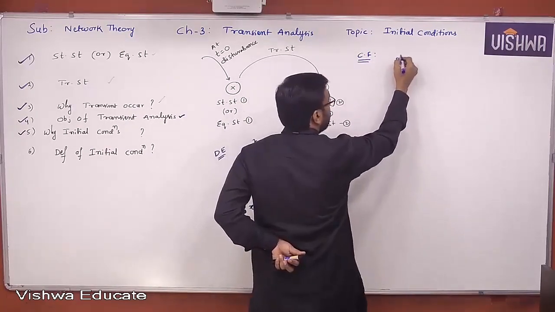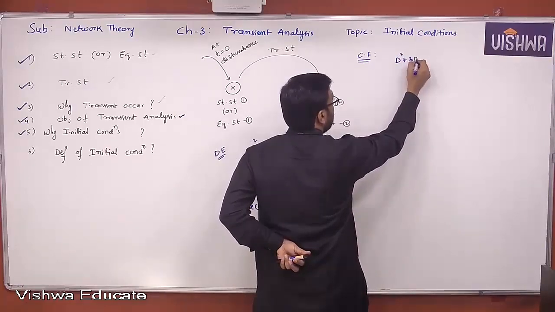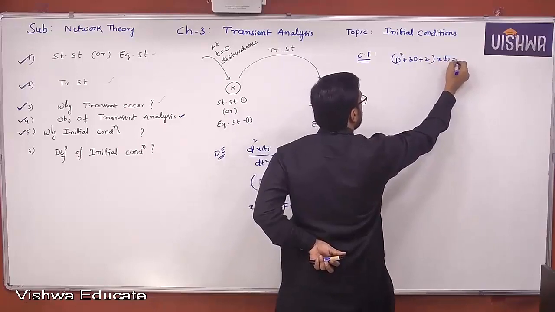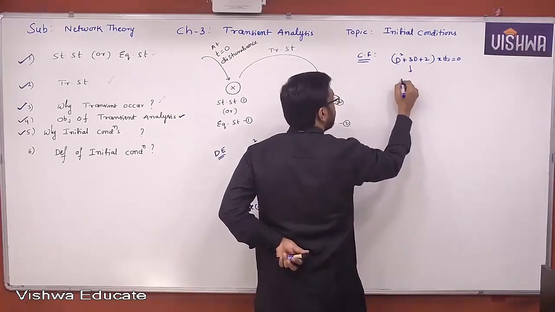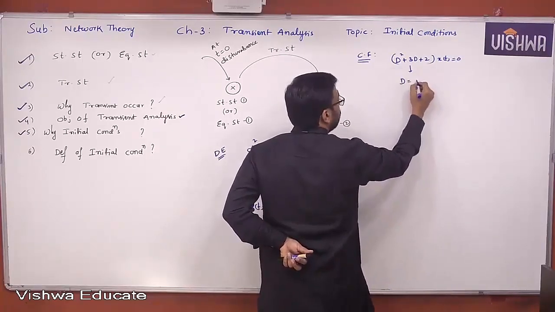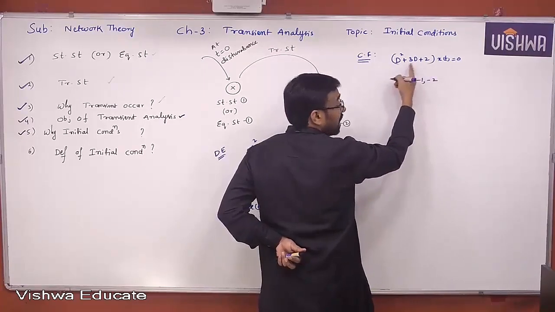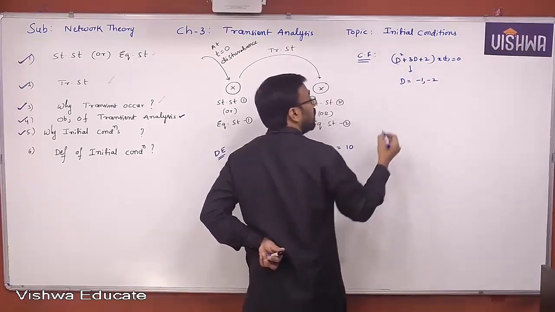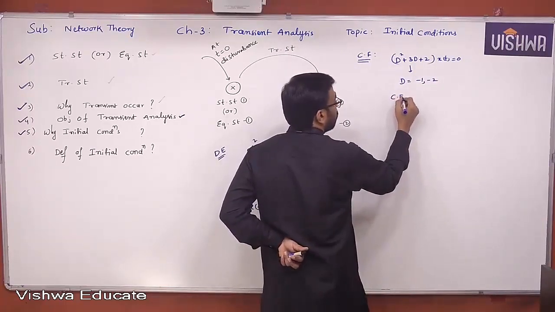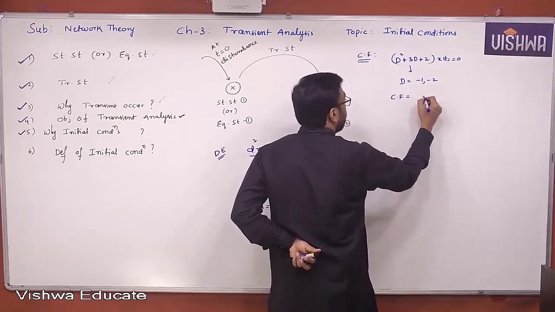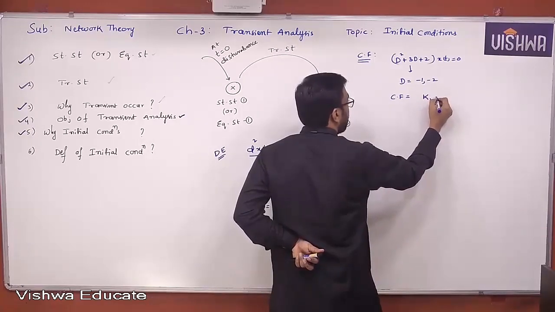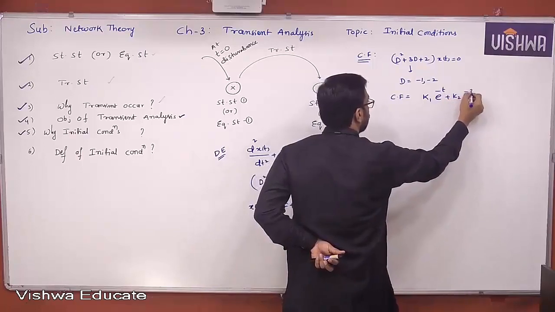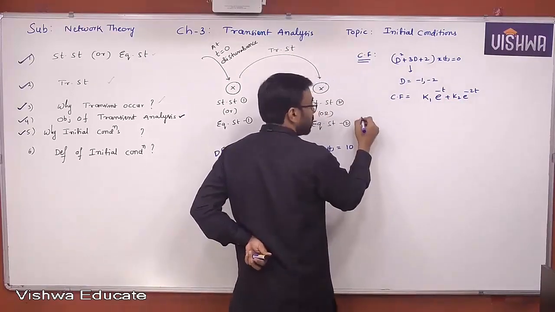That means I can make D square plus 3D plus 2 of x of t equal to 0, and find the roots of it. Roots are minus 1 comma minus 2. D plus 1 into D plus 2 is equal to 0. You can find the roots, and finally you get the complementary function as some constant k1 e power minus t plus k2 e power minus 2t.